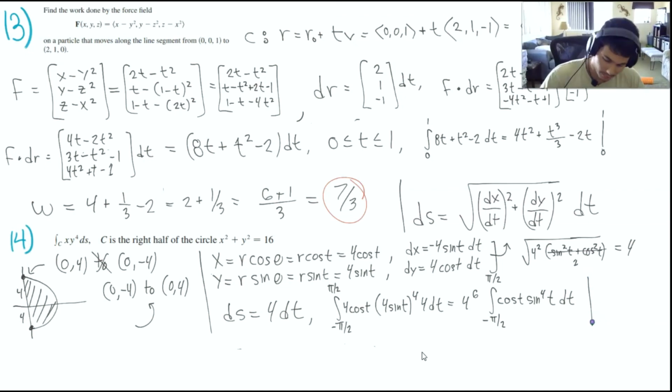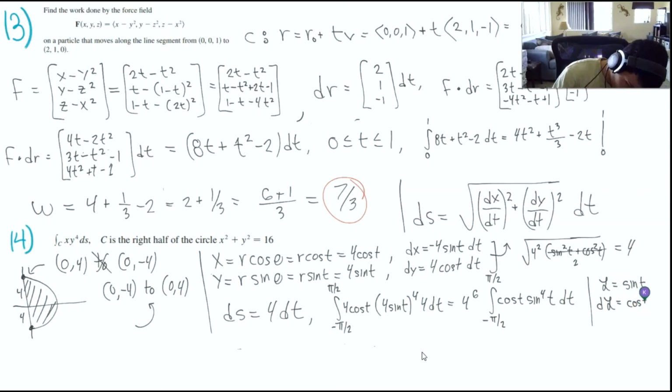If we let, I'm going to pick a fun variable, fancy L, otherwise known as the Laplace operator, if we let that equal sine t, then dL is equal to cosine t dt.